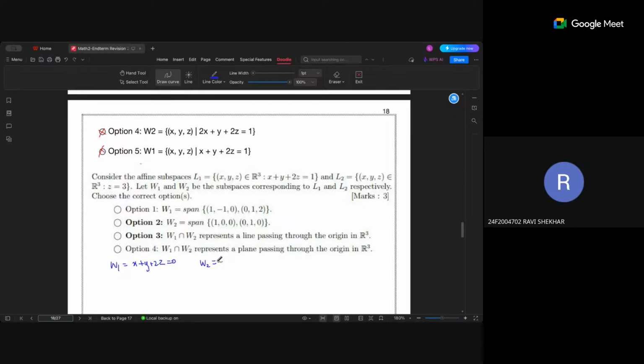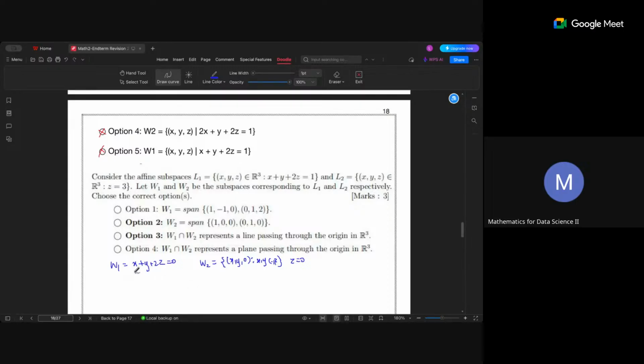Here you have z equal to 3, so for W2, the parallel plane corresponding to z equal to 3 is z equal to 0. So you can represent it in this way. This is only z equal to 0, it's correct, just representing it in this way.